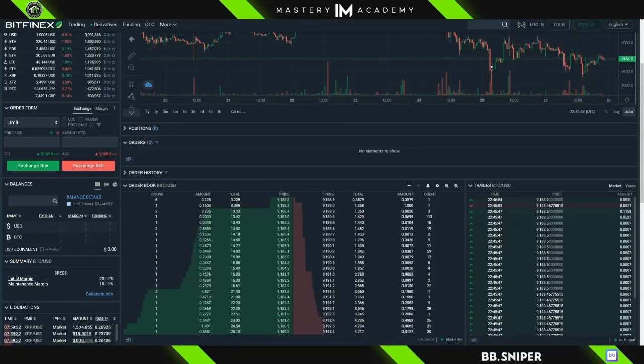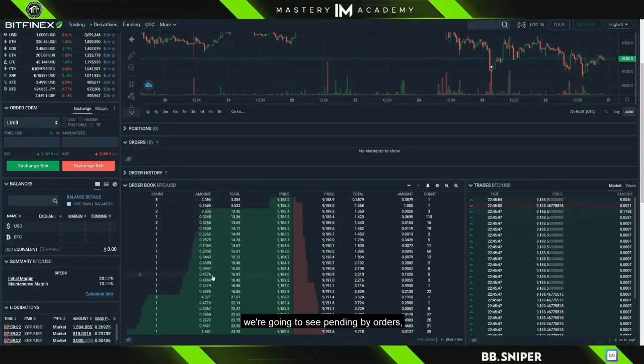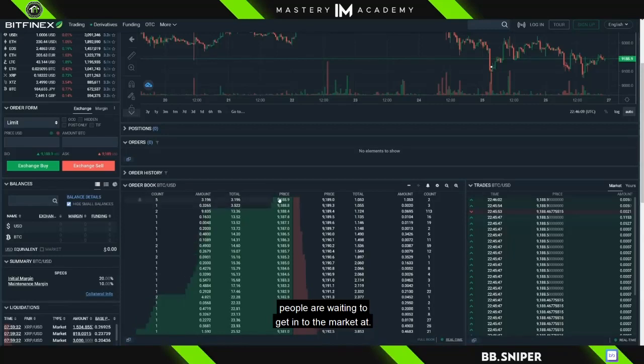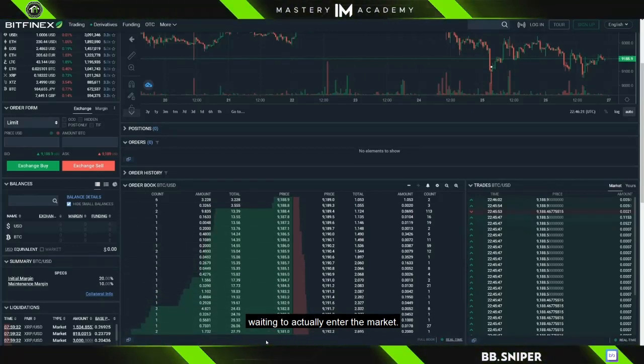When we're looking at an order book, we're going to see pending buy orders, the amount, and at which price levels people are waiting to get into the market at. This is money that is sitting there, waiting to actually enter the market.